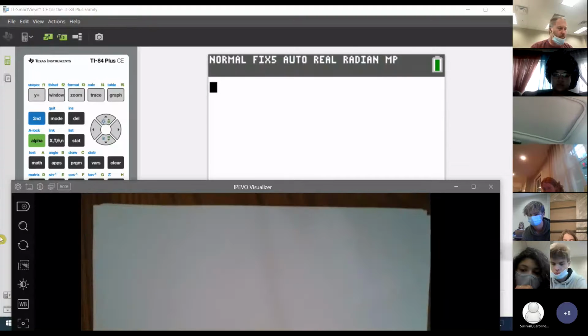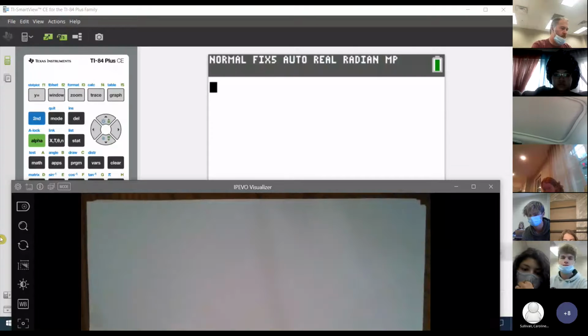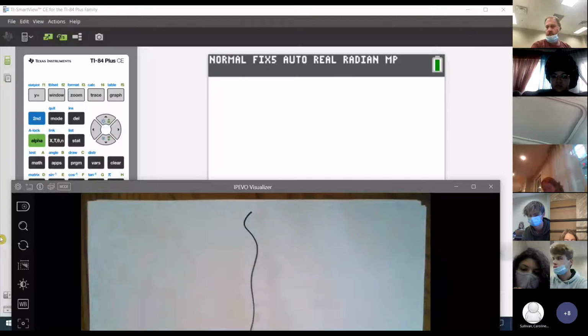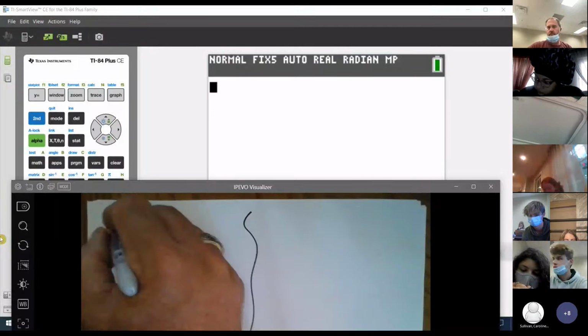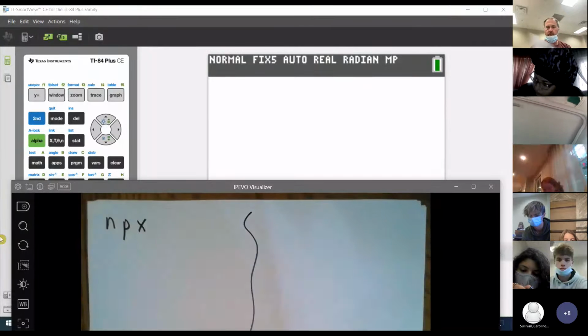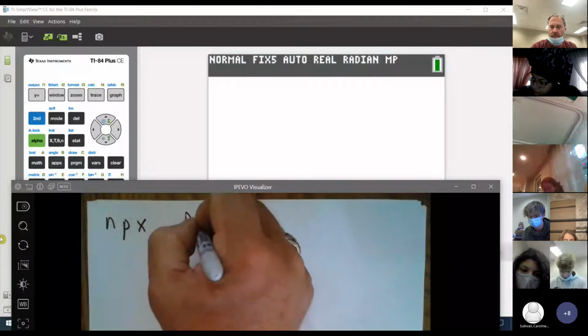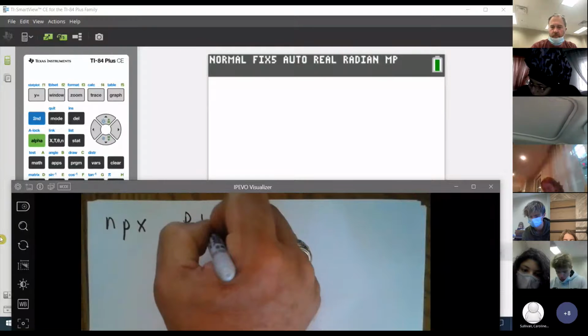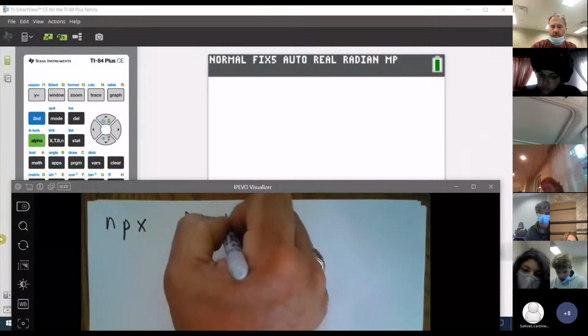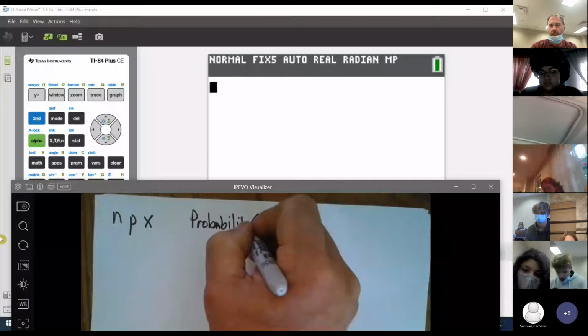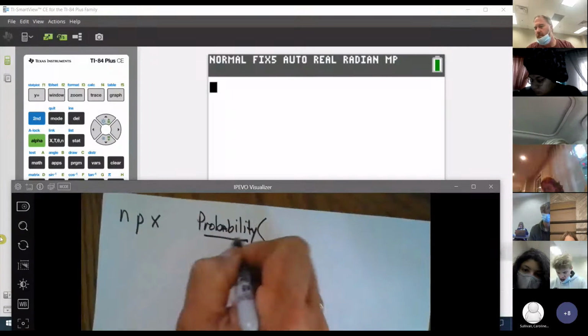NPX, there's two things in 6.2. NPX, and the computer, and the question will ask for the probability. Okay, it's going to ask for the probability.